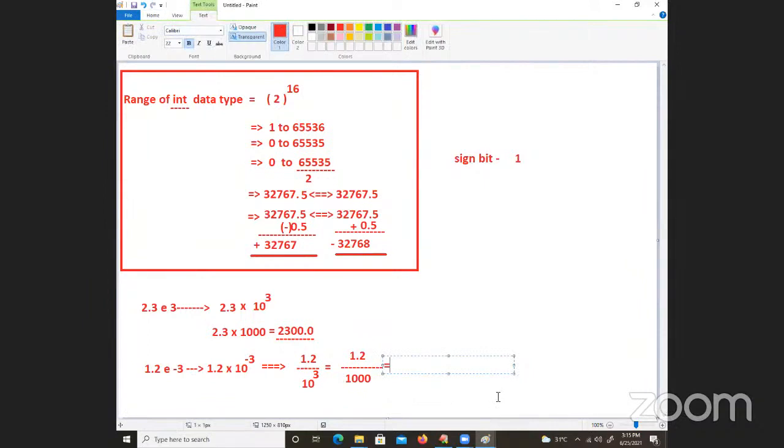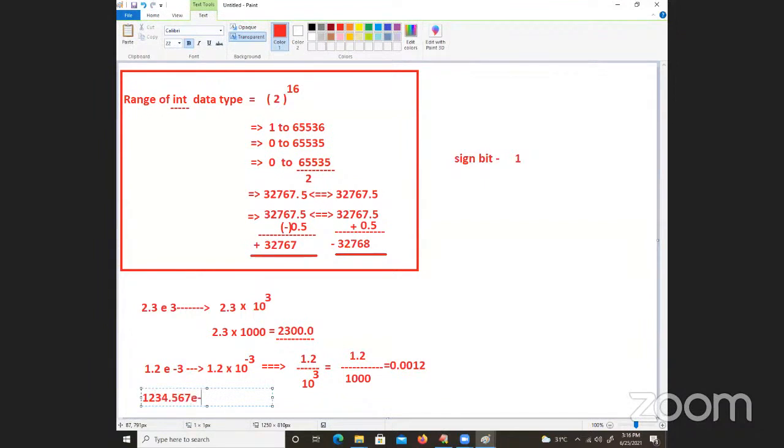So what is 1.2 by 1000? It is equal to 0.0012. 0.0012. Is it understandable?